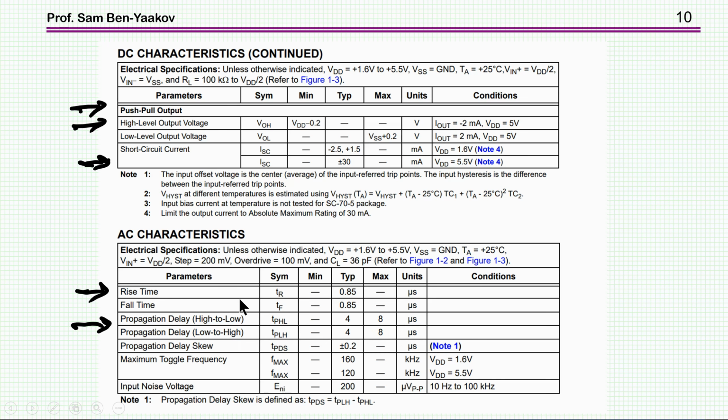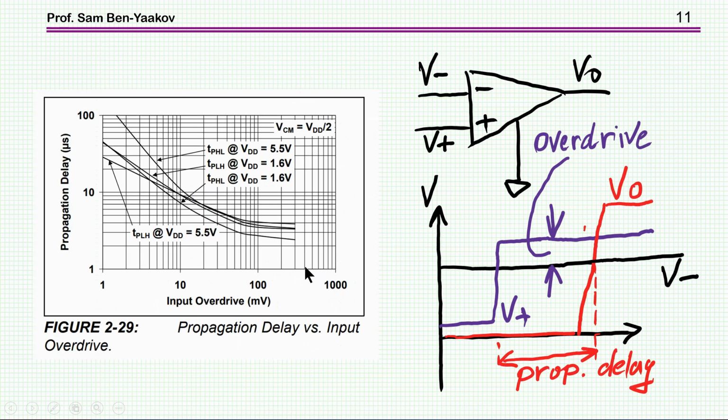Notice that this is given for an overdrive of 100 millivolts. Now, what is an overdrive? If I have a comparator with a minus input and a plus input, say the minus is at a given reference here, and then the plus goes from low to high, then obviously the output will go from low to high, but there is a delay.